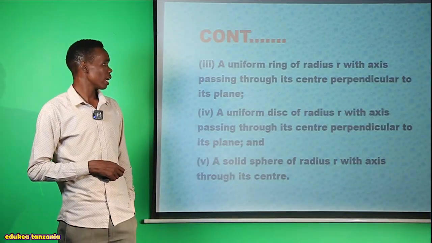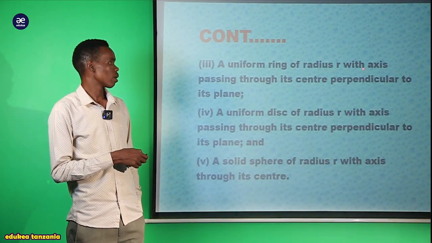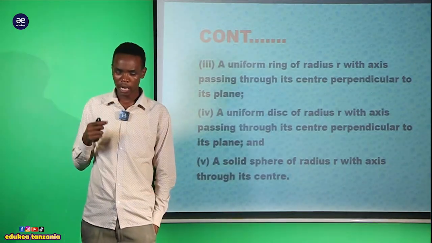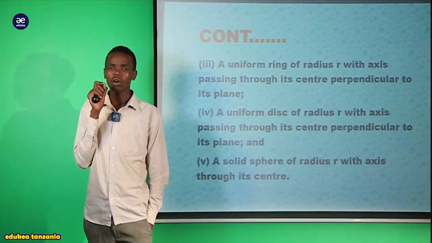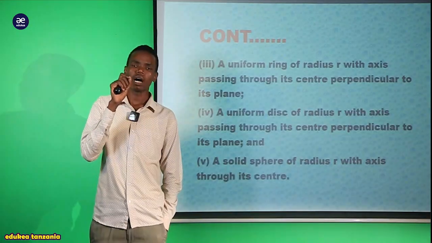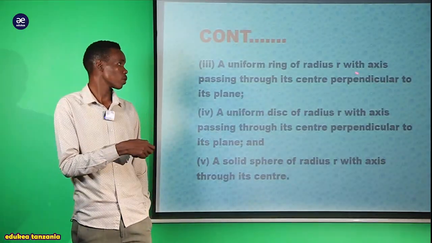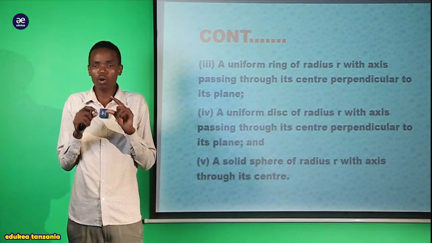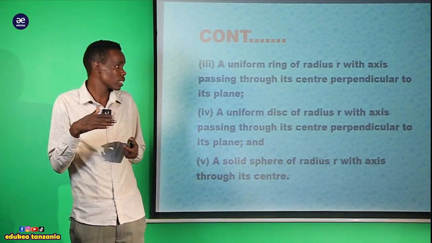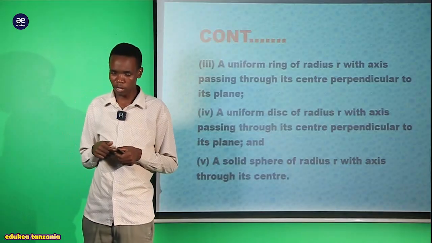Roman 3 here: a uniform ring of radius r with the axis passing through its center, perpendicular to the plane. On Roman 3, my dear student, we are going to see how we can deduce the radius of gyration for the uniform ring of radius r, with the axis of rotation at the center of that ring, perpendicular to the plane.